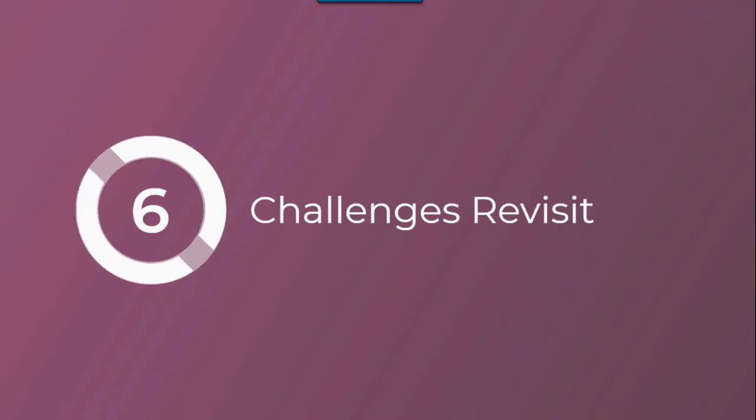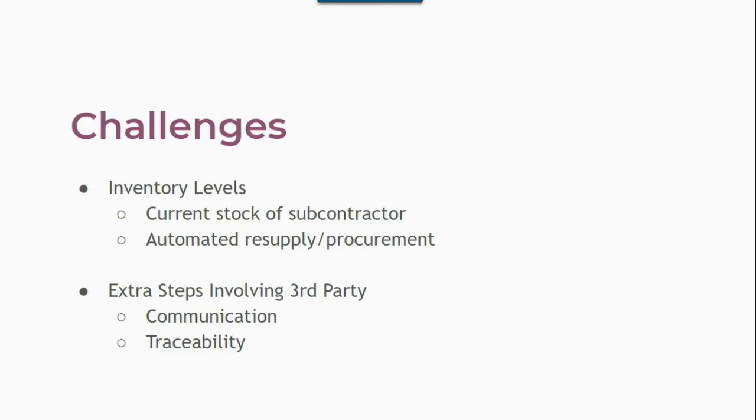Okay, so going back to our challenges before, again, current stock of the subcontractor. We do have a new location that's associated with the subcontractor. So at all times you can go see that. And again, I'll display this in our demo. But there is a subcontractor location that you could click on current stock, and you can see what they currently have on stock, whether they have enough raw materials or the subassemblies that you've provided to them, or if they have any of the finished goods on hand.